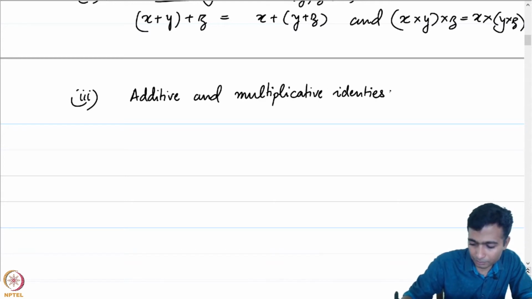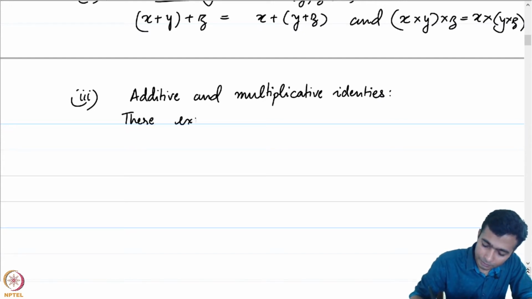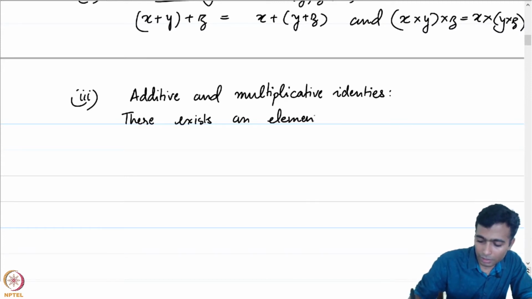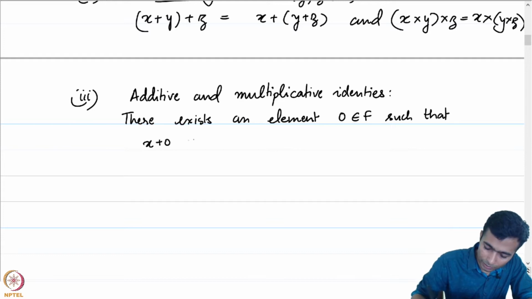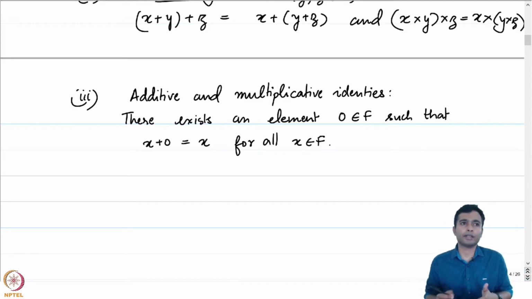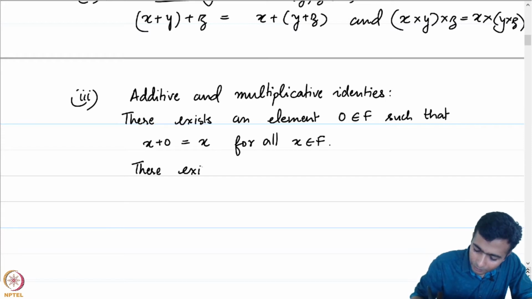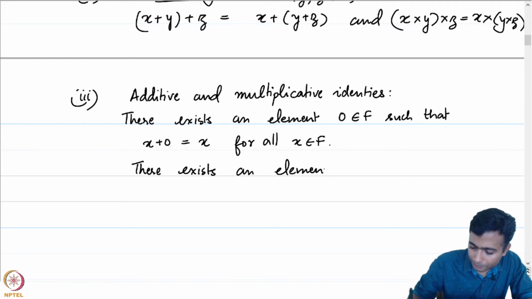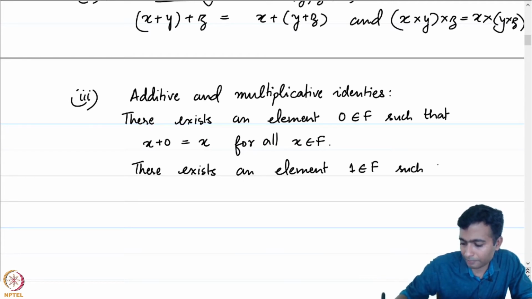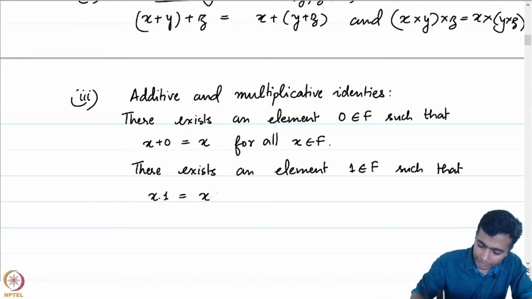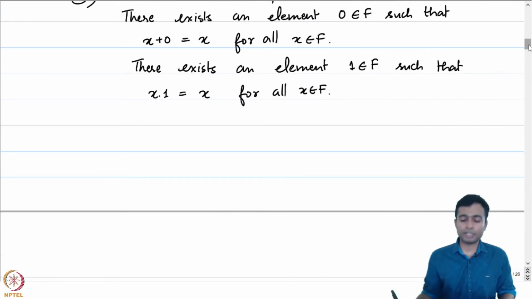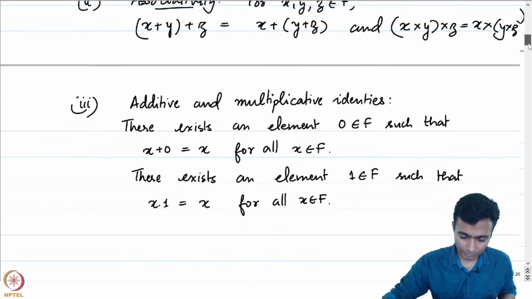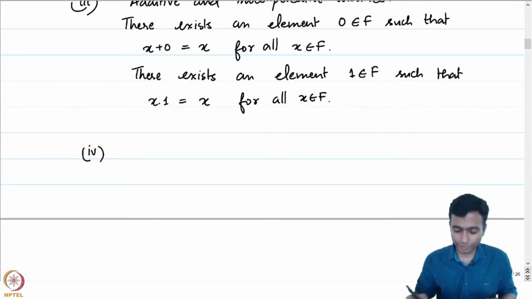There exists an element, let me denote it by 0, in F, such that x plus 0 is equal to x for all x in F. This is the additive identity in F. There exists an element 1 in F such that x times 1 is equal to x for all x in F. So basically, there are two very special elements in the field F. What next? The fourth property is distributivity.